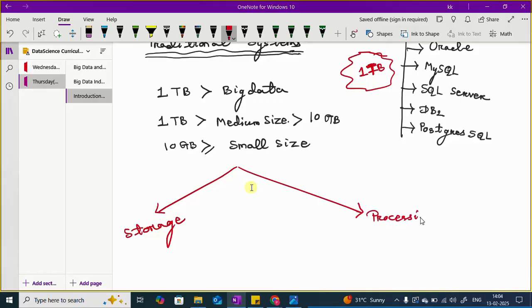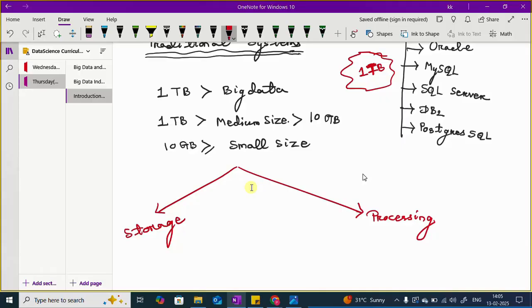Think about, let's say, your database where 1 TB of data is stored. You want to write a select query based upon a certain condition. For example, find out the employee details whose salary is more than 50,000 and less than 2 lakhs. A lot of employees may be there in the 1 TB data. Are you able to imagine? It's a huge number of rows.